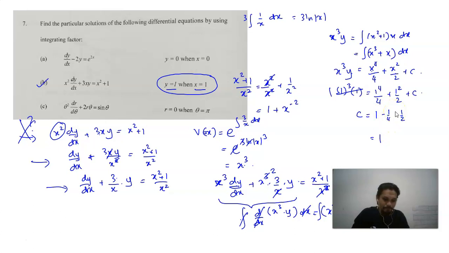How can I say this? 1 minus 1 over 4 minus 1 over 2. It is 1 over 4. Okay, everything here equals 1 over 4.